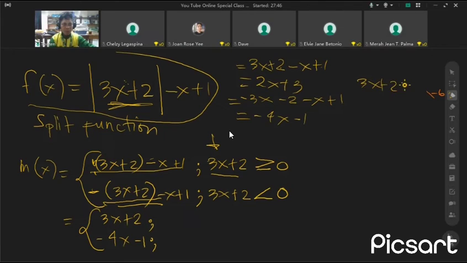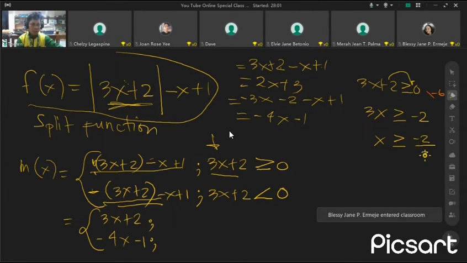3x plus 2 is greater than or equal to 0. Transpose. This becomes 3x greater than or equal to negative 2. Then x is greater than or equal to negative 2 over 3. Please divide negative 2 by 3.